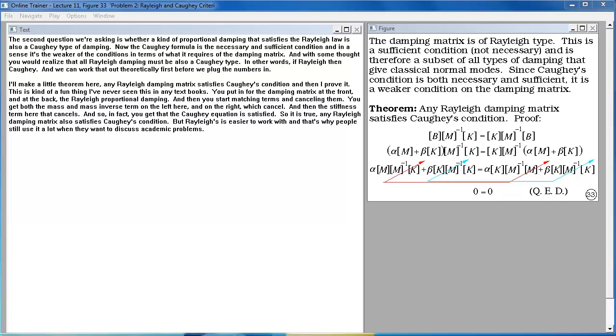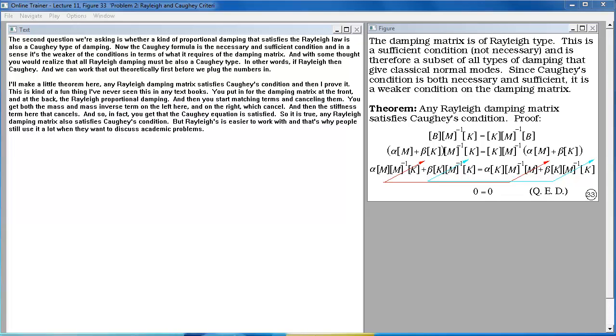And with some thought you would realize that all Rayleigh damping must be also a Caughey type. In other words, if Rayleigh, then Caughey. And we can work that out theoretically first before we plug the numbers in.